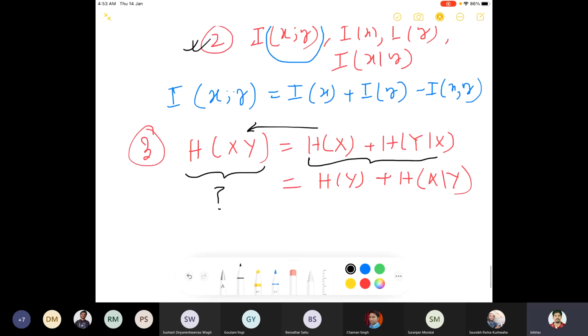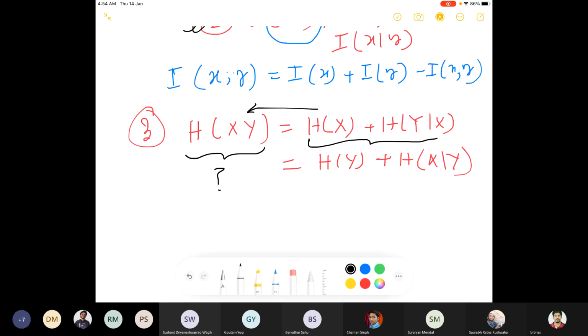And if we prove the third one, what is its meaning? Can anybody do this? What is the entropy of a joint random variable? That has to be equal to the entropy of X plus the entropy of the conditional random variable Y given X.